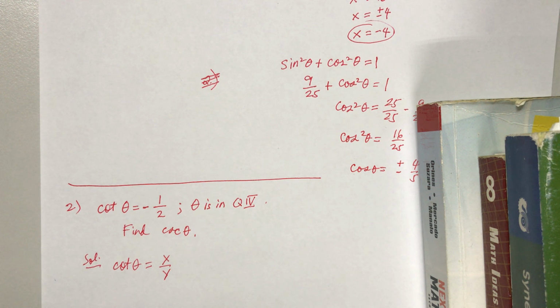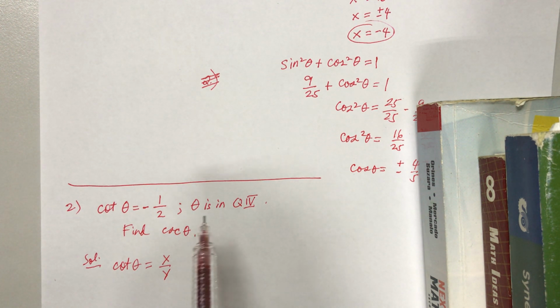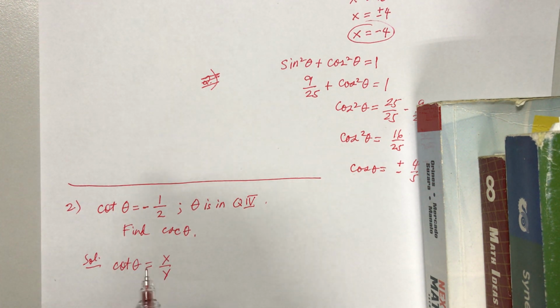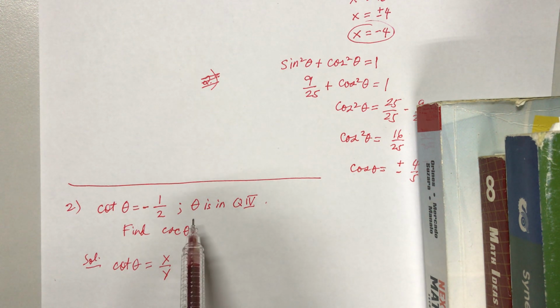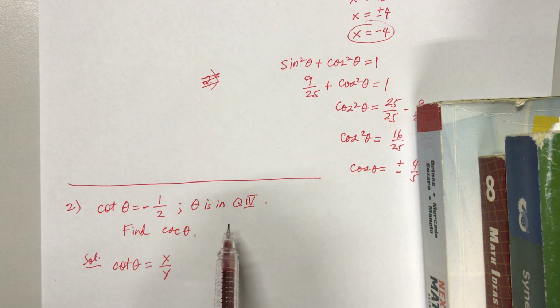Why? It's because this is trigonometry, and there is this parameter that the angle which is in standard position, vertex at the origin, initial side at the positive x-axis, the angle theta, is found in quadrant 4.